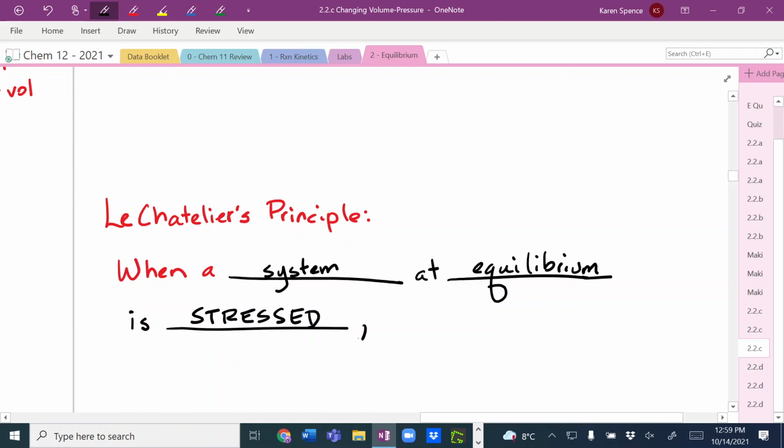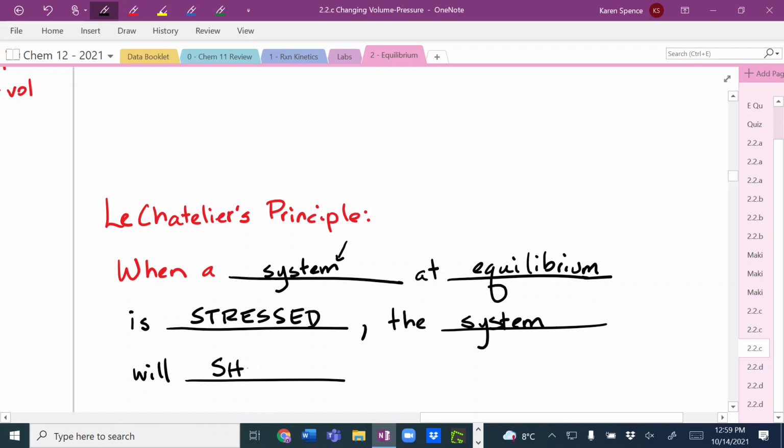what is the response to a stress? A shift. And who does the shifting? The system will do what?